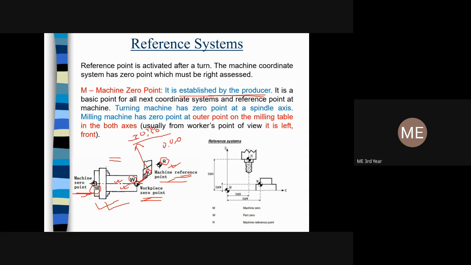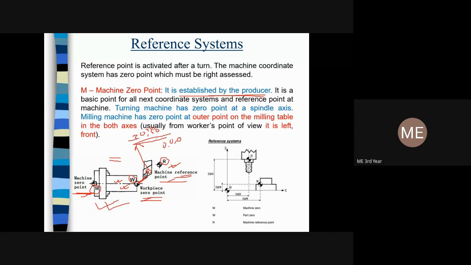I have already told you that the machine reference point and the machine 0 point are already set by the producer of that particular company. The machine reference point is important because we want to take the tool to its safe place after the machining operation. But for that, we have to code that particular position with some coordinate point.